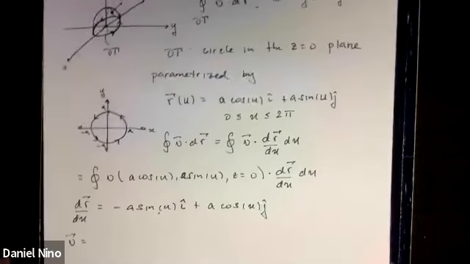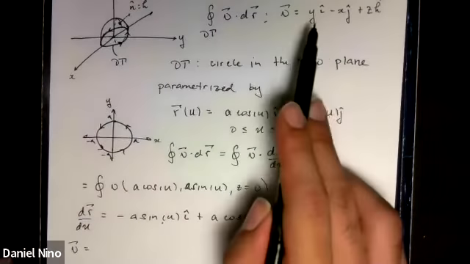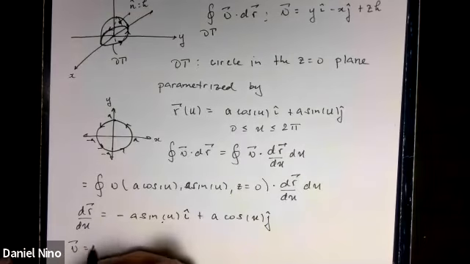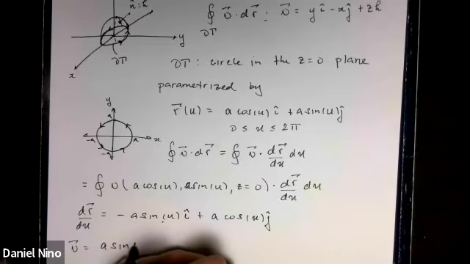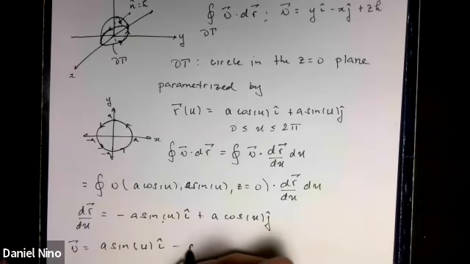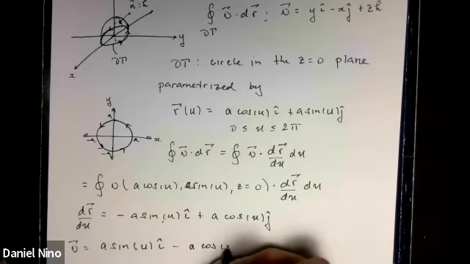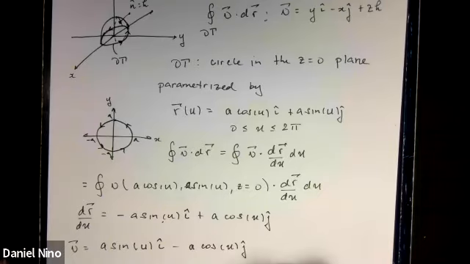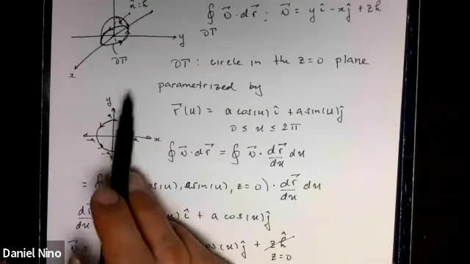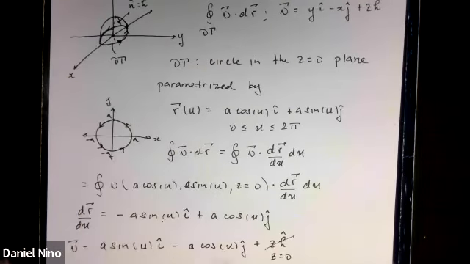And then substituting in our values for y and x, in terms of our parametrization, our new vector field looks like this. And then I'll add the z here in general, but in this case, z is equal to 0 because we're in the z equals 0 plane.